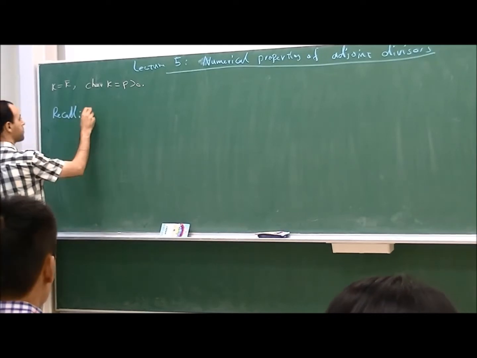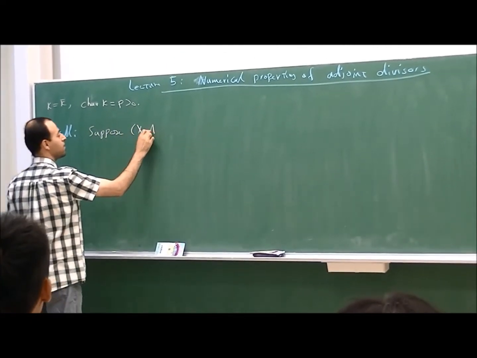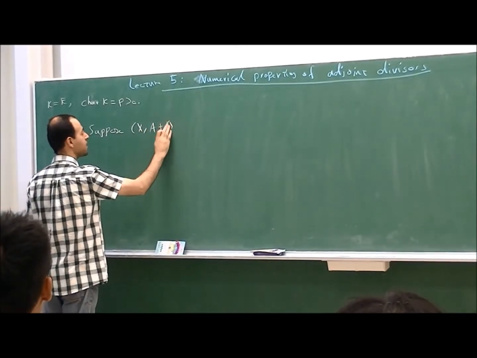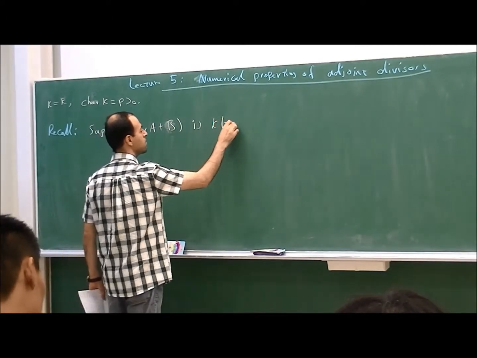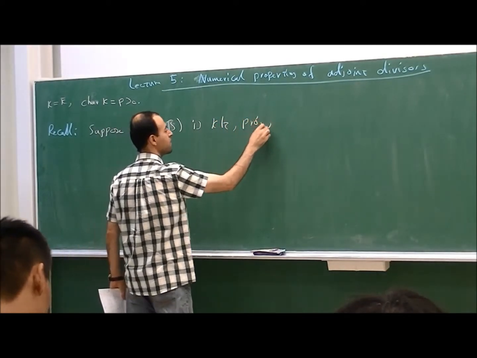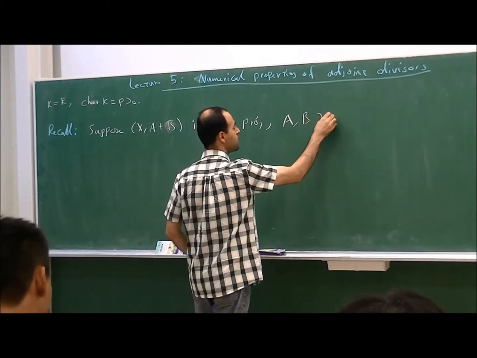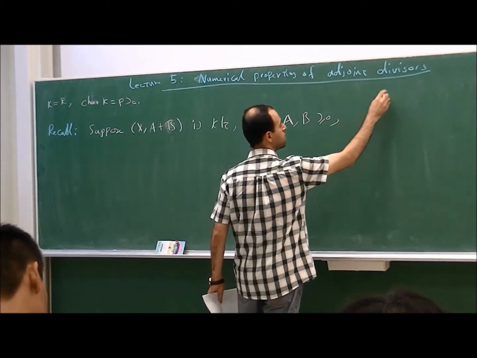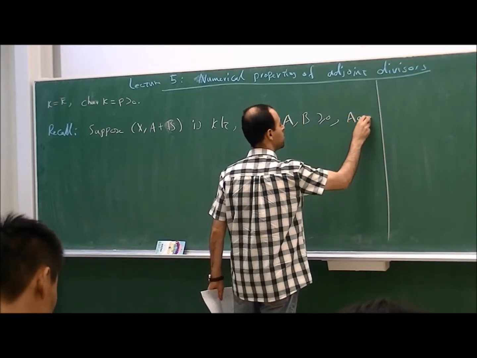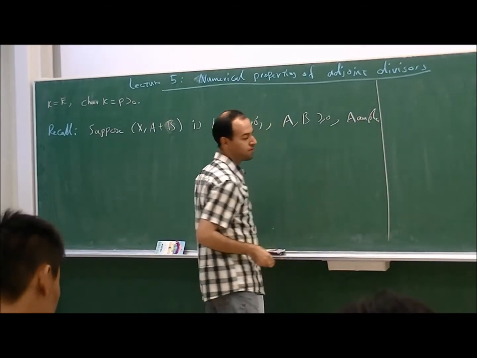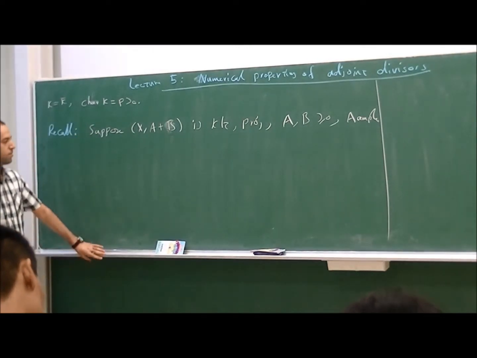Suppose that (X, A+B) is a KLT pair, projective, and here A and B are both effective, and A is ample. Ample, of course, may not have integer coefficients, but maybe rational or even real.